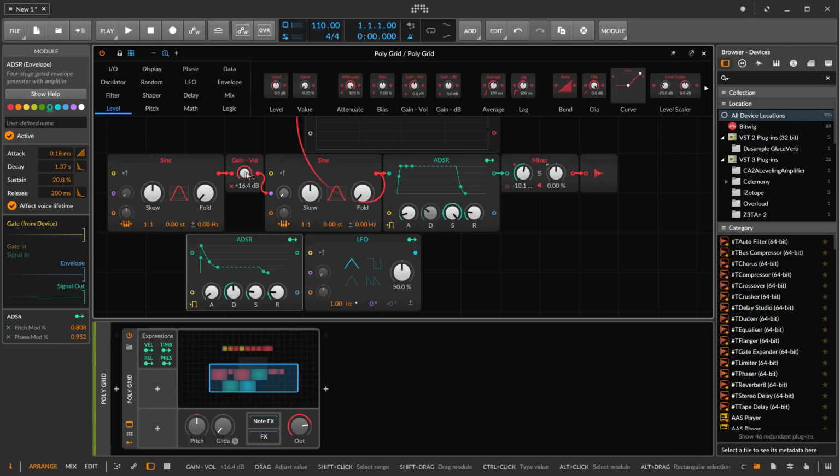That's much closer to what we get here too. Let's turn that up. So this is basically how you're going to do FM in the grid. This is much closer to what happens in FM8 or DX7 and so forth.